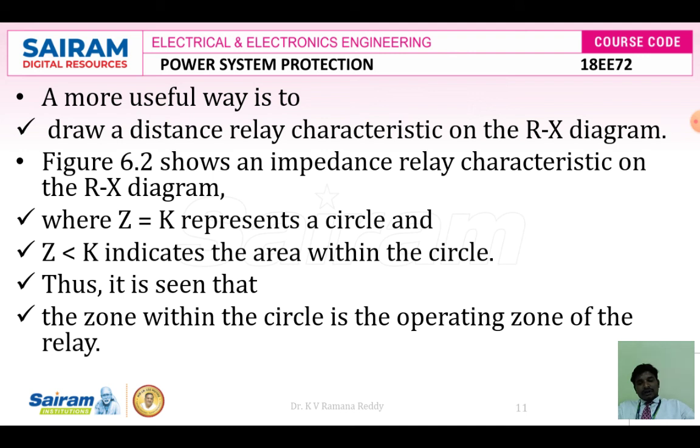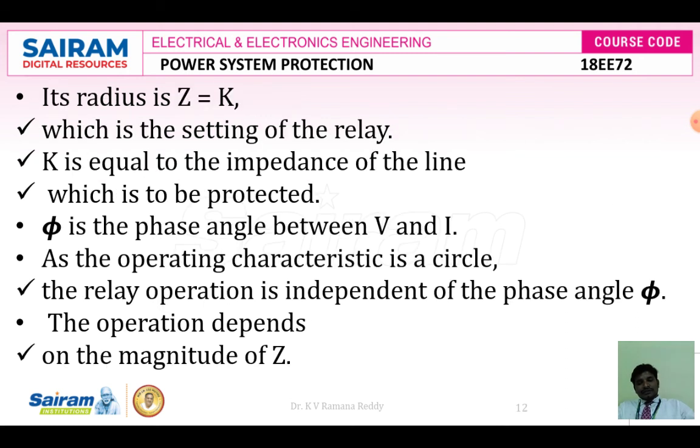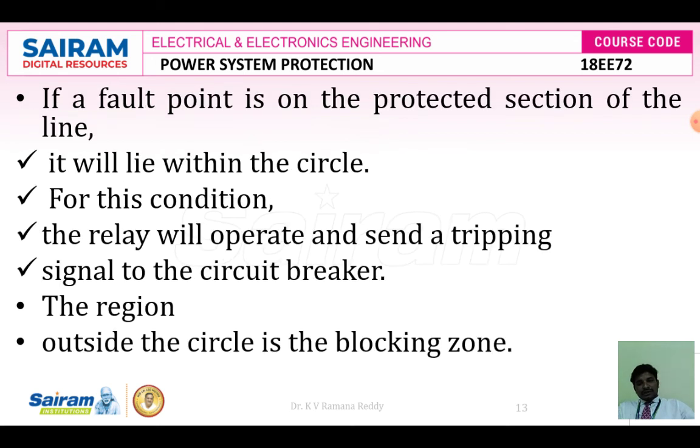Whenever the fault lies exactly on the circle of the operating characteristics, the value of Z is equal to K. Therefore the radius of the operating region, that is Z, is also equal to K when the fault lies exactly on the circle in the RX diagram, and phi is the phase angle between V and I. The operation of this impedance relay is independent of the phase angle phi, and depends on the magnitude of Z only.